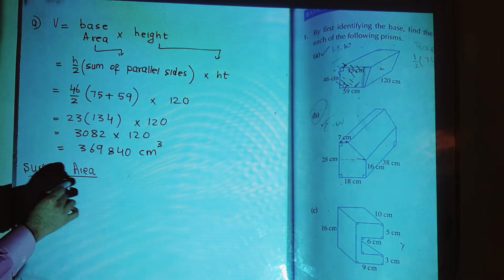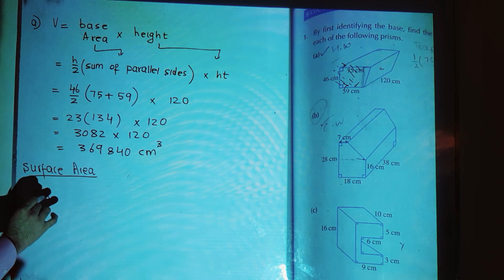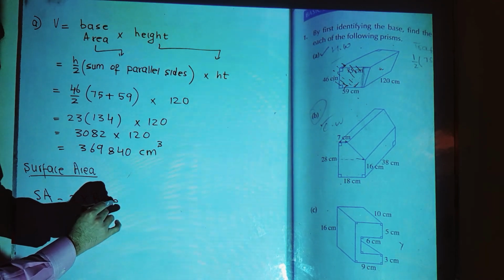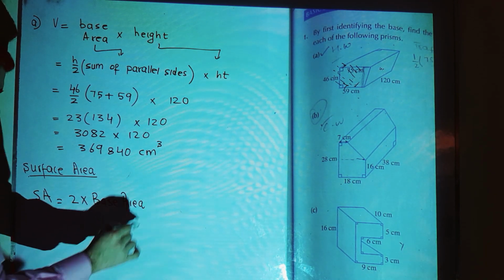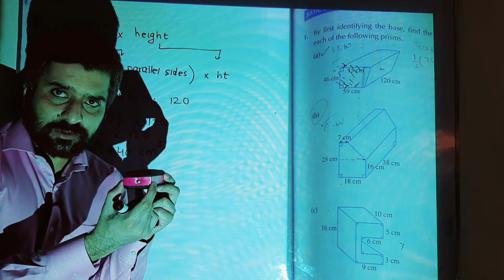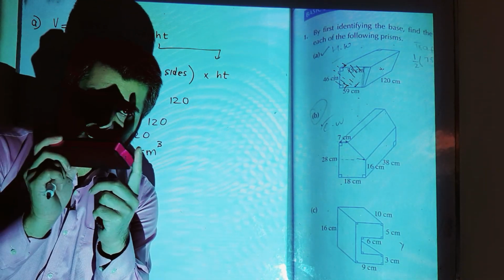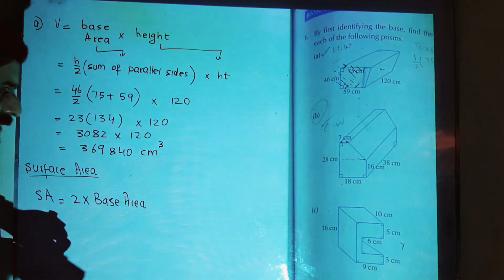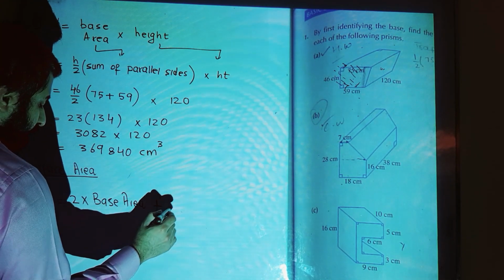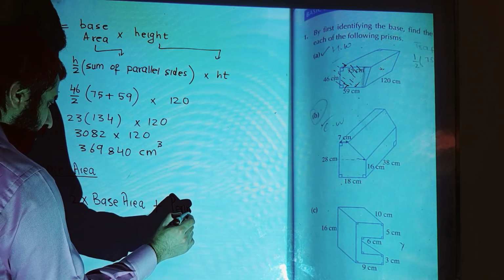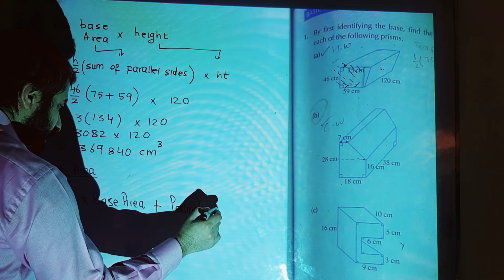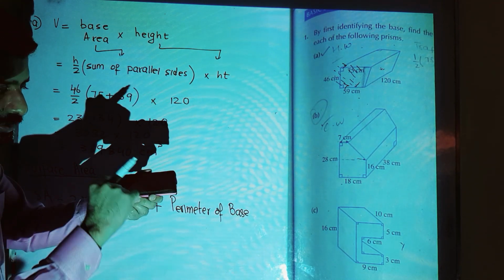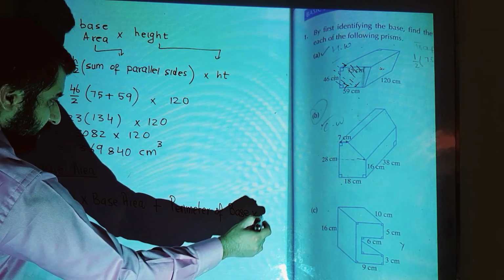The surface area of prism is represented by SA, and that is 2 multiplied by base area, because we have a base at the front and one at the end, plus perimeter of base into height of prism. The base is the shape which is traveling all along the length.